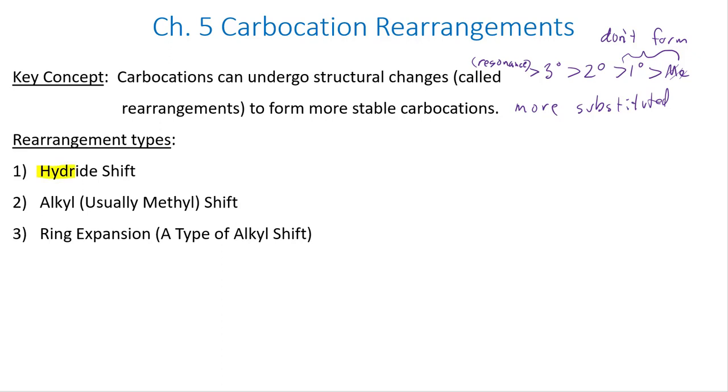First, a hydride shift is going to occur when moving a hydrogen atom from an adjacent carbon to a carbocation carbon will create a more substituted carbon. Notice in this case that the carbocation that we're shown is secondary because it has two carbons directly attached, and right next door to it there is a tertiary carbon.